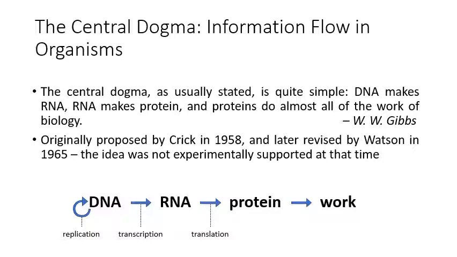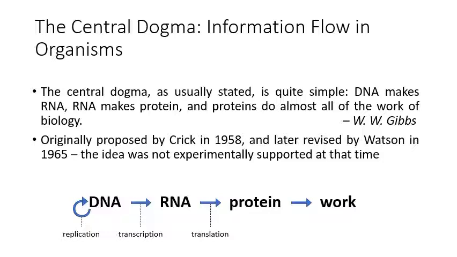But DNA isn't just copied, it's also used to make proteins, or the genes within DNA are used to make proteins. The central dogma was originally stated by Francis Crick in 1958, and it basically describes the way that information flows from DNA to proteins.